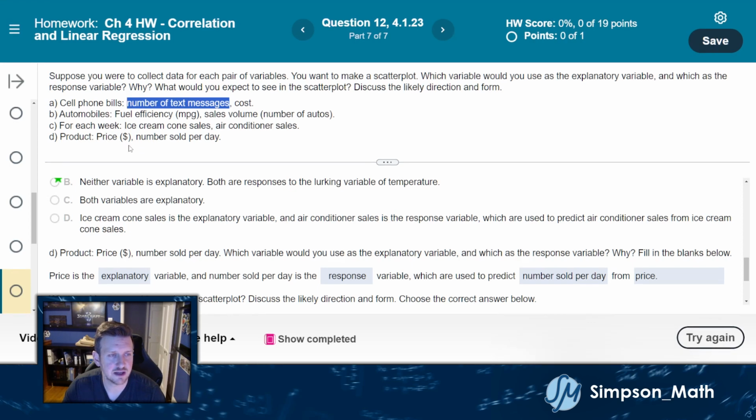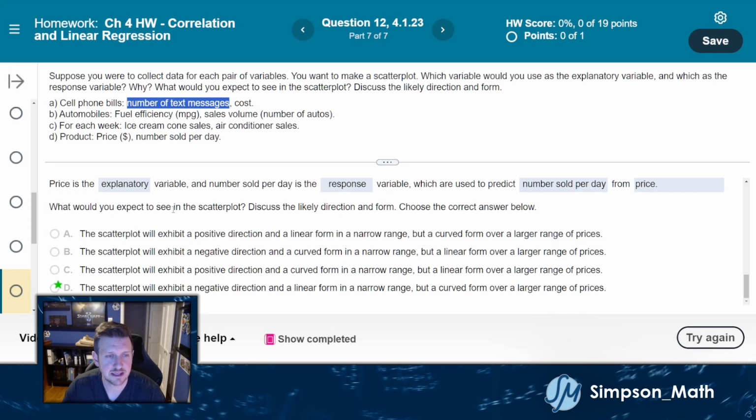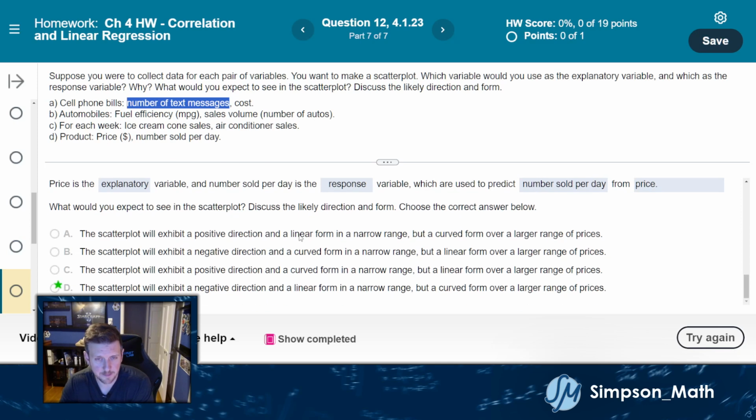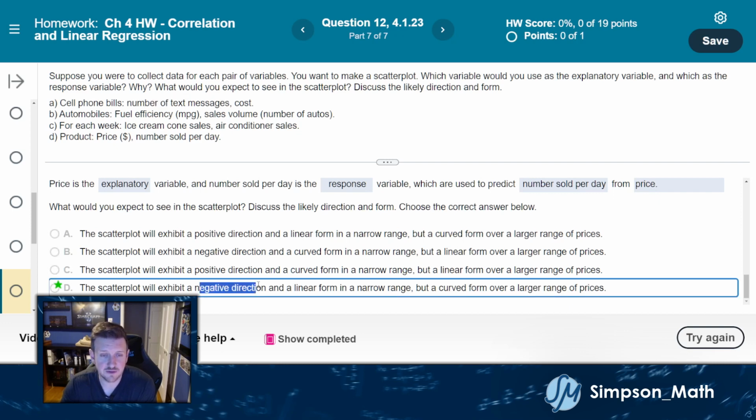One that's interesting is this last one, the price of a product and the number of products sold per day. So the more you price a product, the demand for it is going to go down. Supply and demand curves. The higher you price something, the less you would expect to be sold per day. So it's going to be a negative direction.